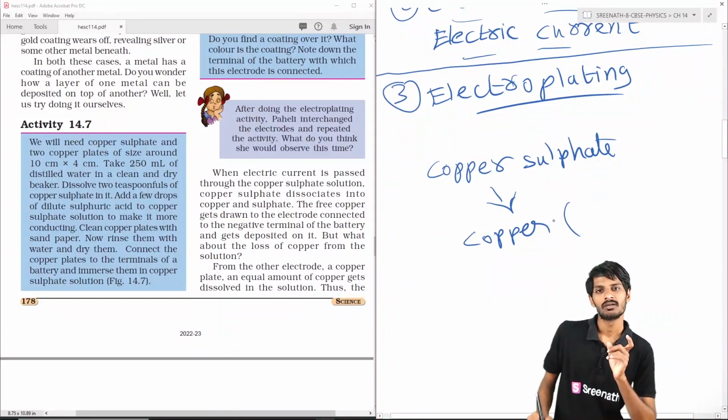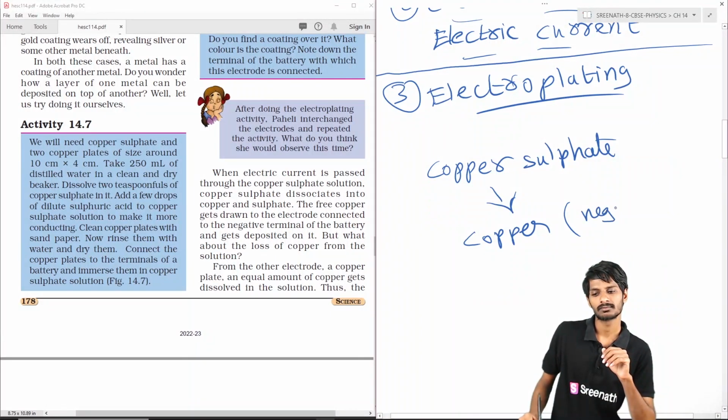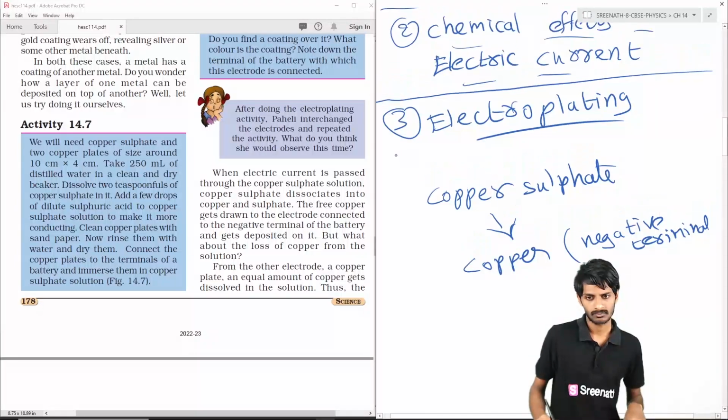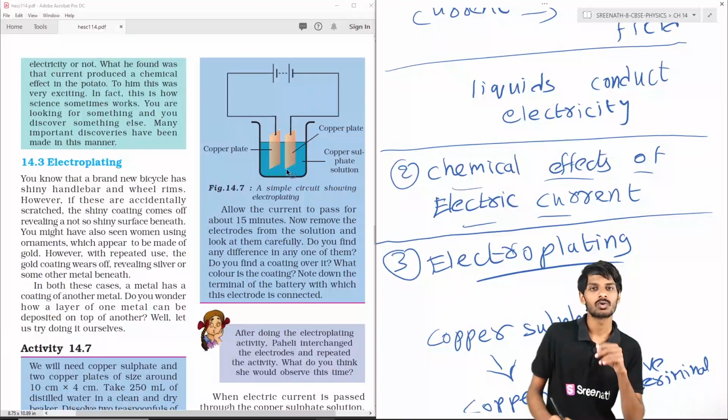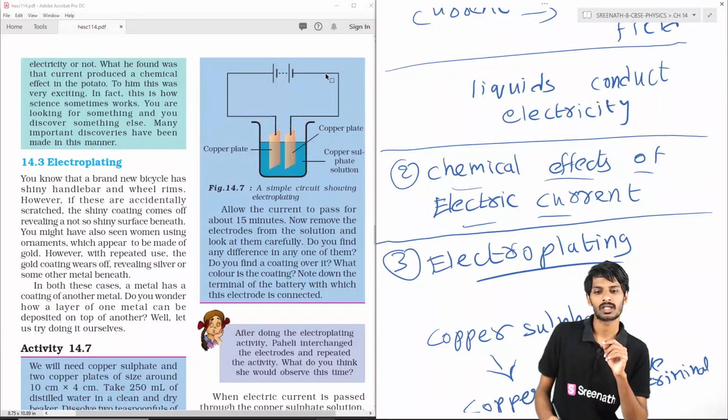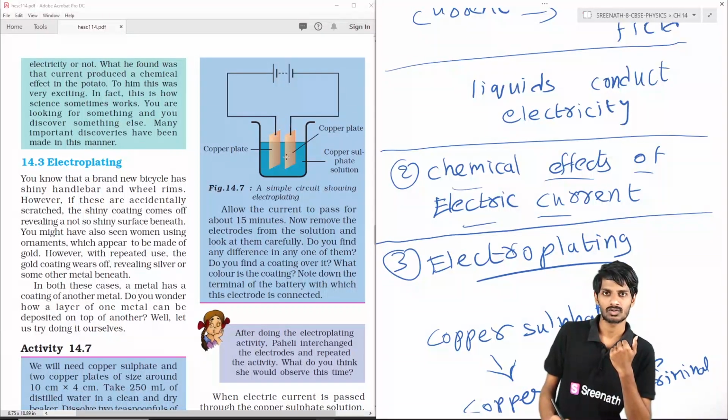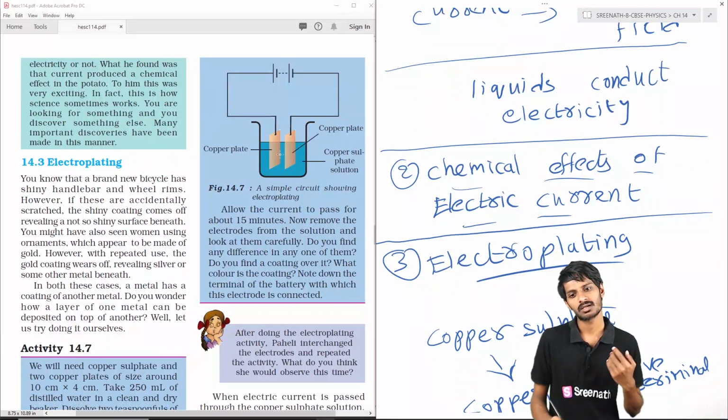So this copper goes to the negative terminal electrode, attached to this electrode, students. If the process goes on, more copper comes and attaches on it, students.